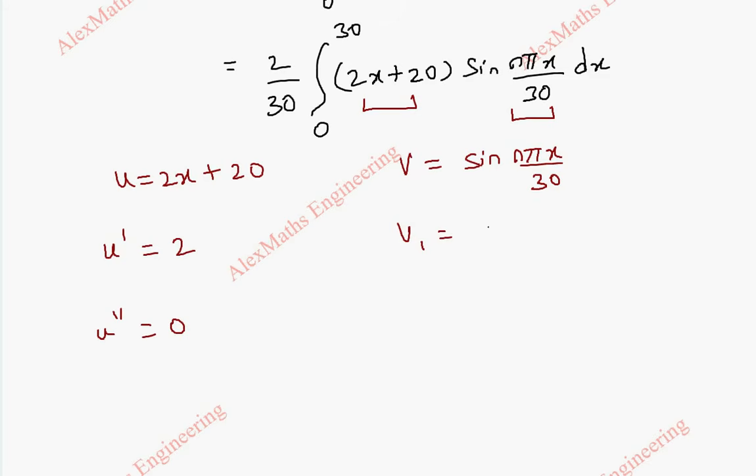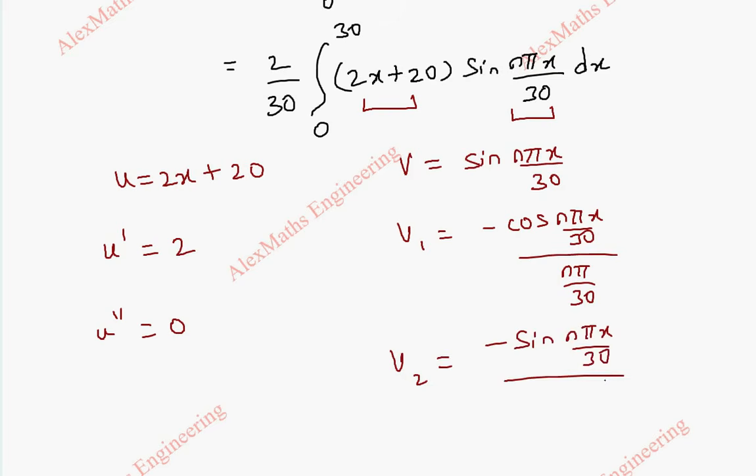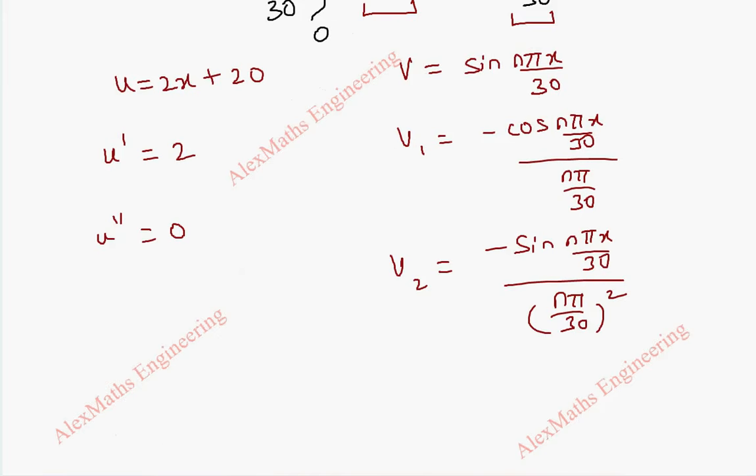And we want this integration: v1 is minus cos n pi x by 30 by n pi by 30, and v2 is minus sin n pi x by 30 by n pi by 30 whole square. Now Bernoulli's formula is u v1 minus u dash v2 plus u double dash v3 and so on.